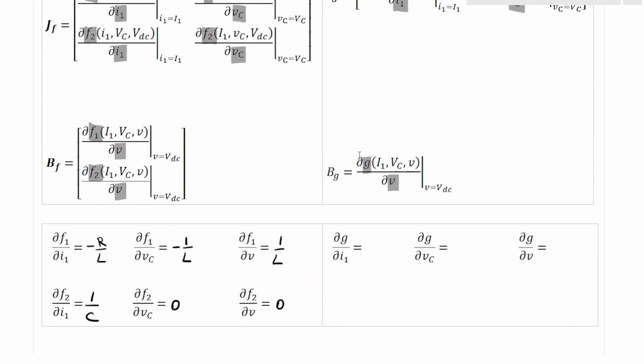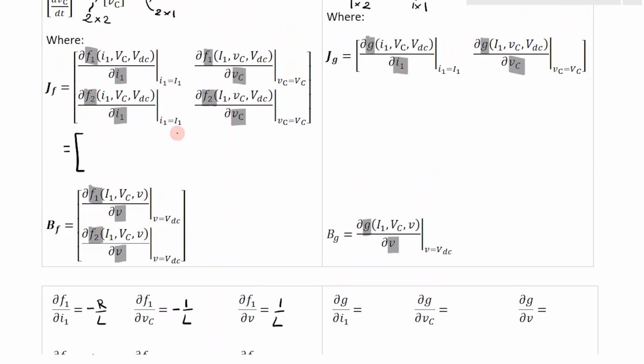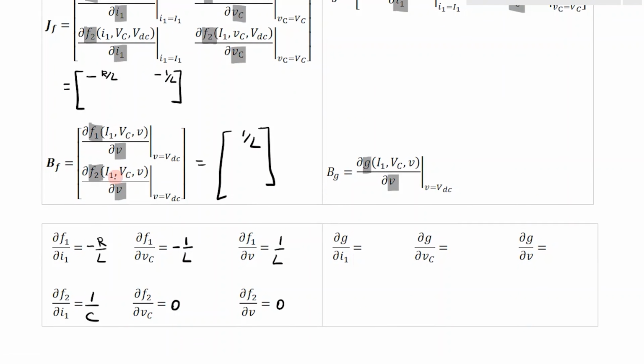So let me fill in this matrix and this matrix. So in the first row, we have derivatives of F1. So it's negative R over L and negative 1 over L. And then this guy is with respect to input, it's 1 over L. For F2, we have 1 over C, 0, and 0.